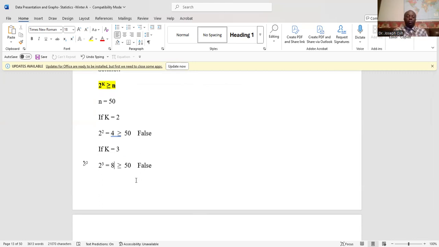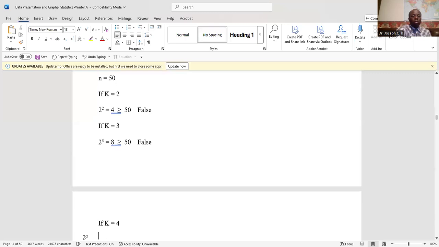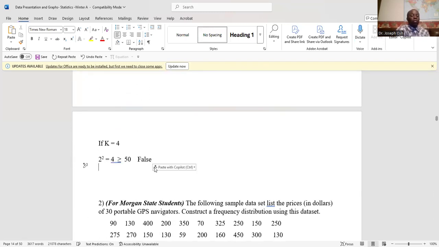That is what k will be. So if k equals 4, let's try it and see if it works. 2 to the power of 4 means 2 times 2 times 2 times 2. 2 times 2 is 4, 4 times 2 is 8, 8 times 2 is 16.